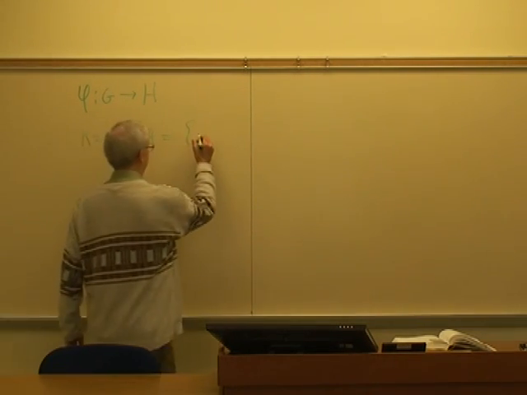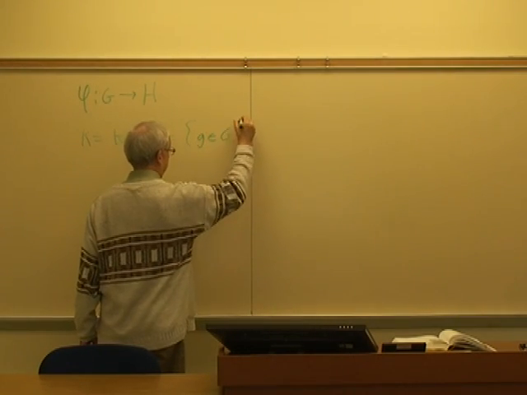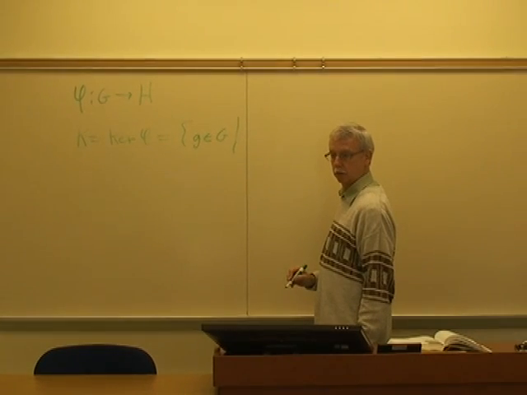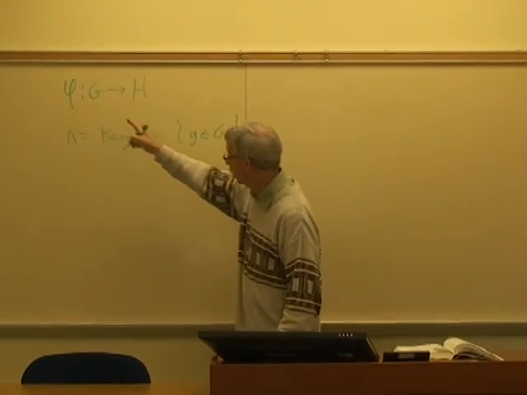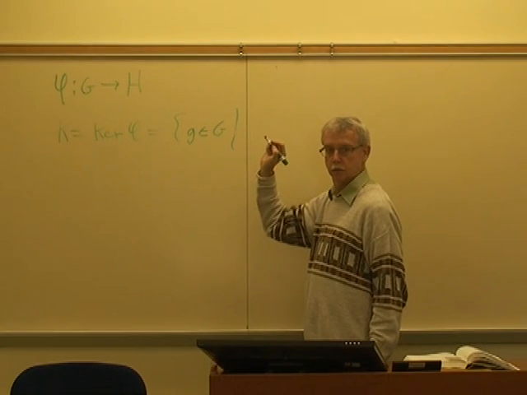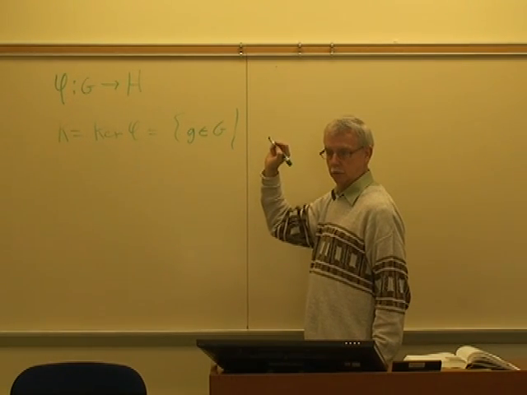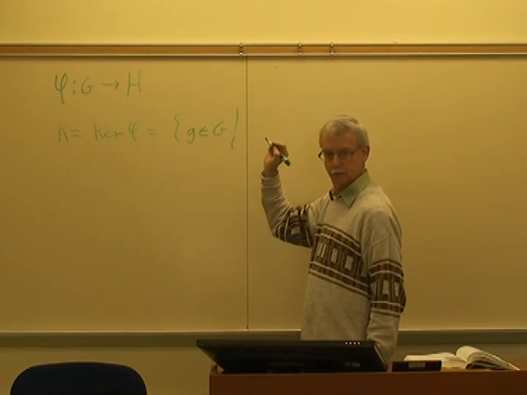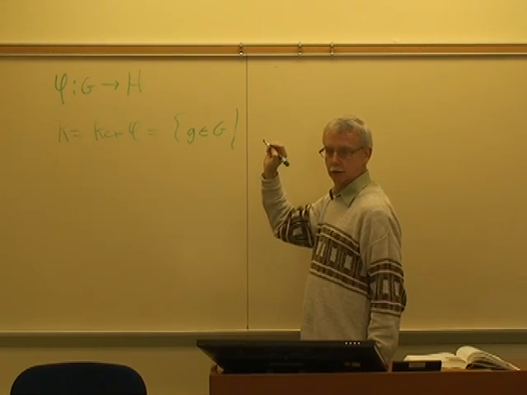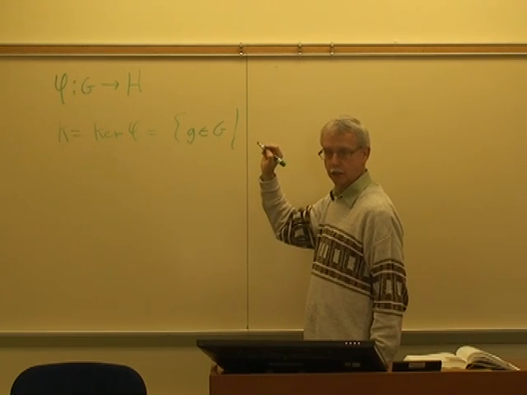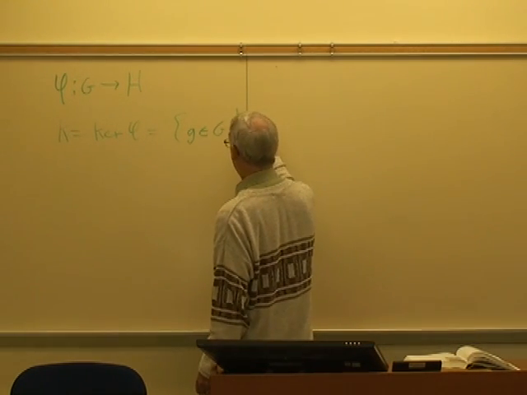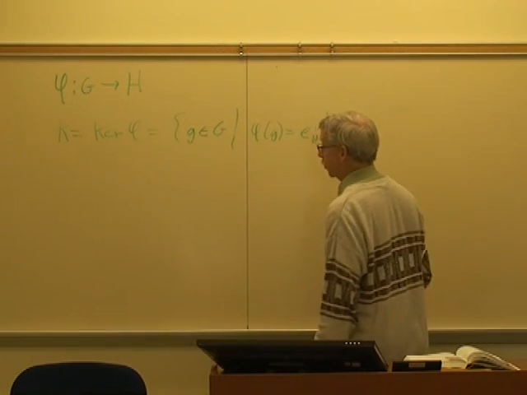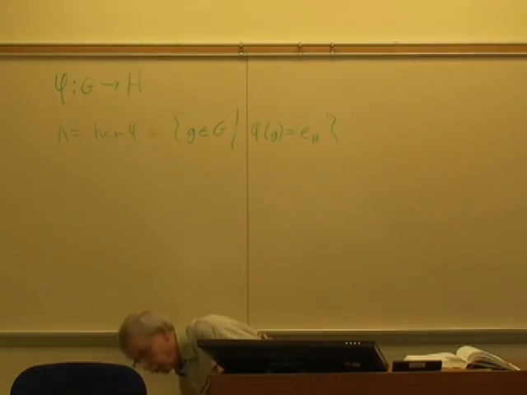It's the set of all elements of G, right, that gets sent where? The set of all elements in the domain that get sent to, as in linear algebra, the zero vector. Here it's sent to the identity, such that phi of g is e in the target. That's the kernel. I want to prove that it's a normal subgroup.